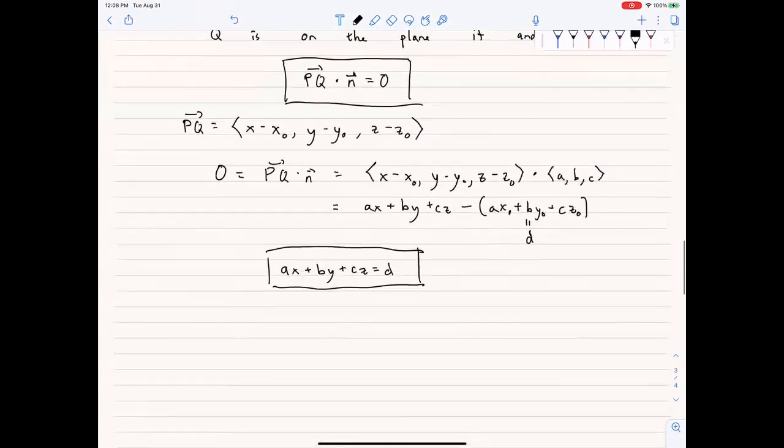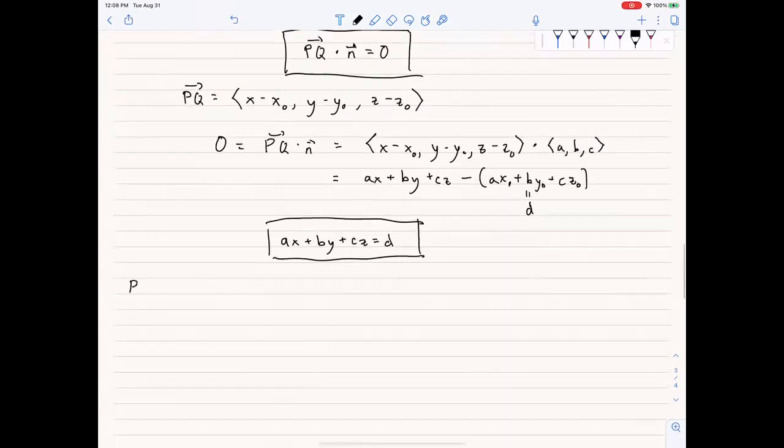So let's do a problem where we need to find these guys. So find the equation for the plane containing the following points.